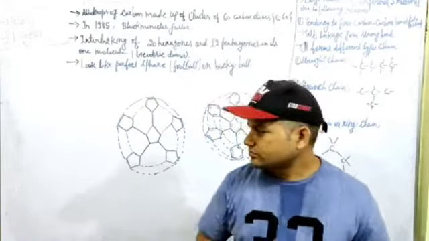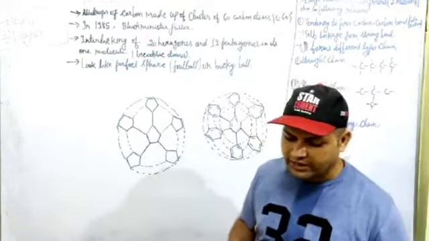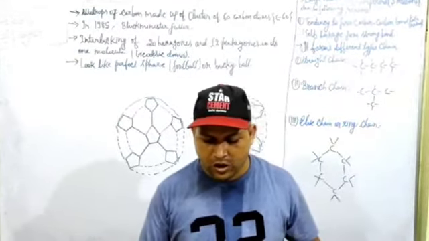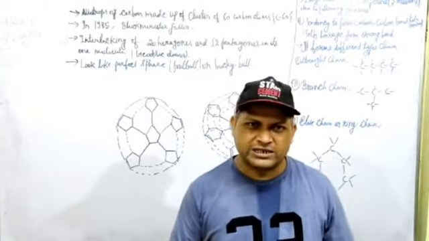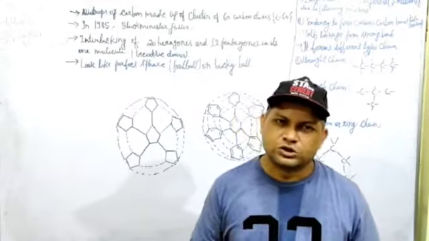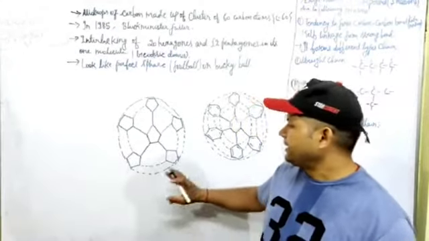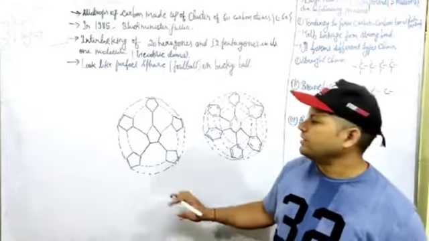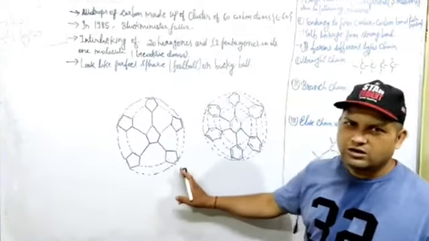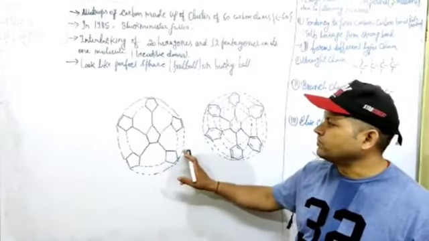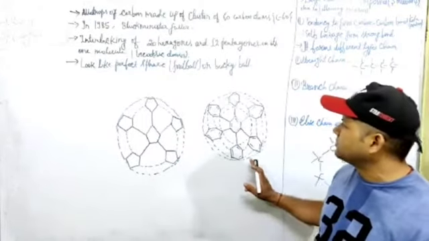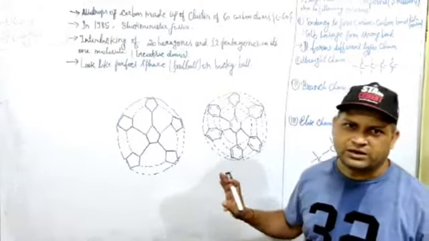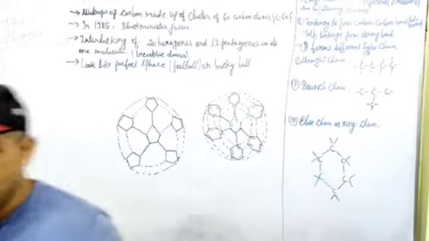So this is called a buckyball or geodesic dome. It is represented here. It is a pentagonal structure. It is formed by 12 pentagons of carbon and 20 hexagons of carbon.